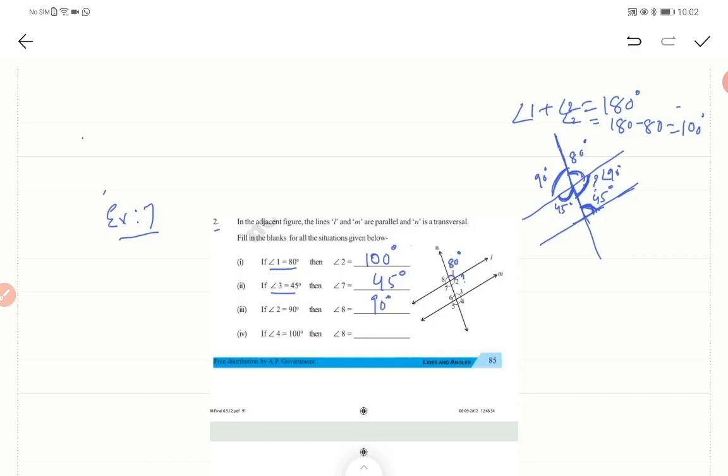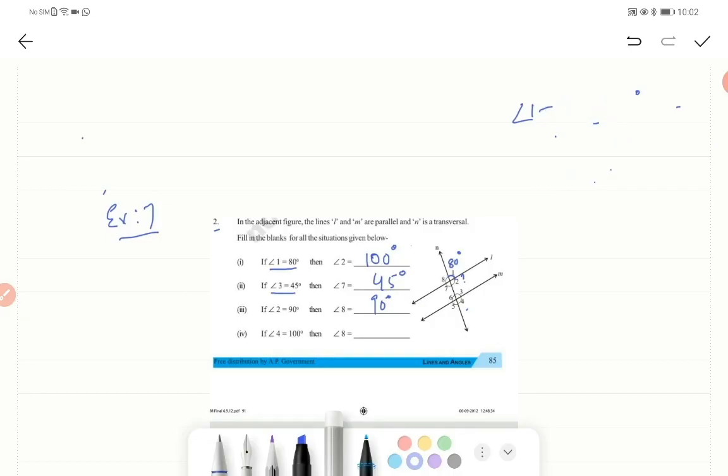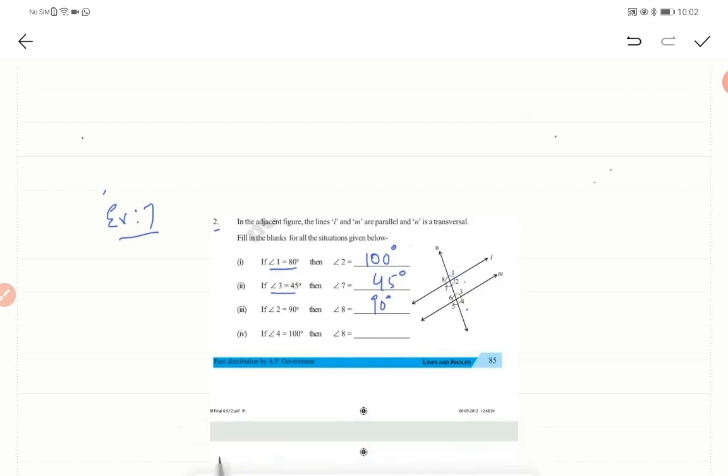Now the third blank. If angle 4 is 100 degrees, then what would be angle 8?